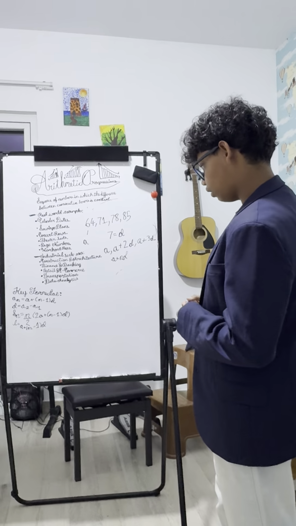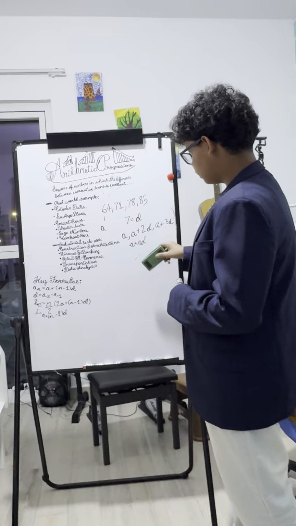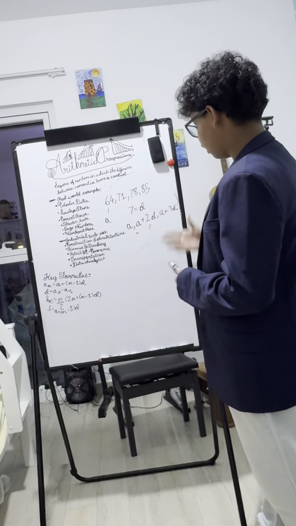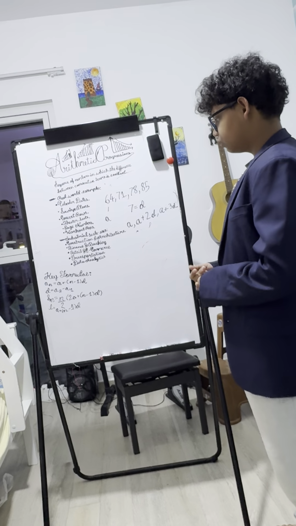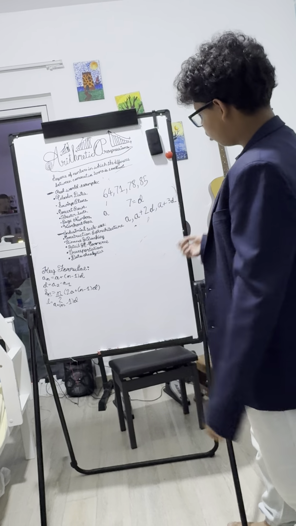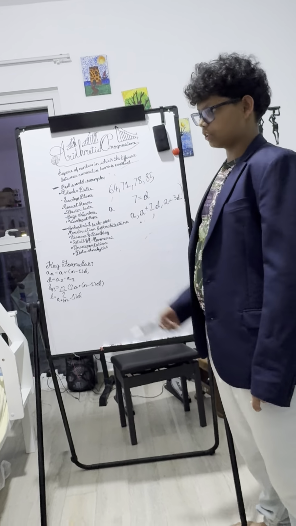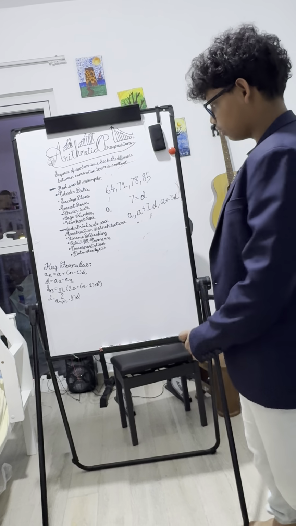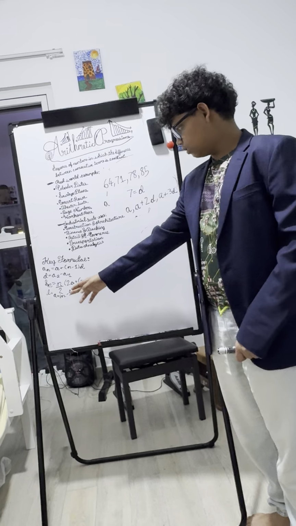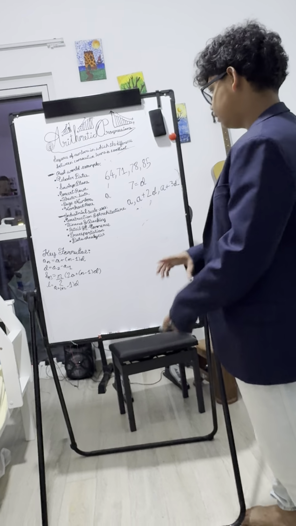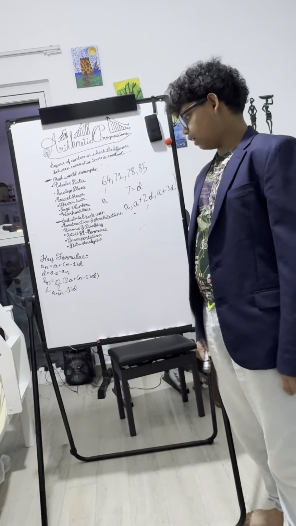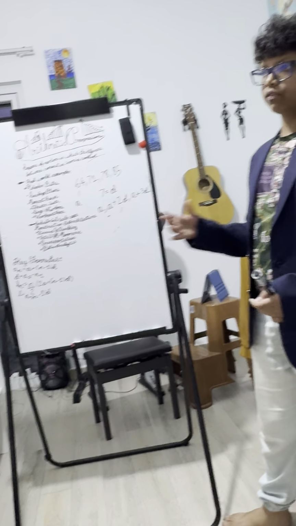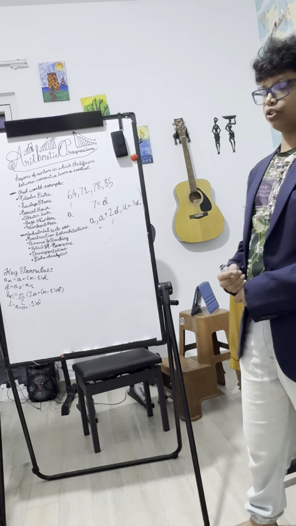Actually, it just goes on, but the last term of a specific arithmetic progression is basically a plus n minus 1 into d. Here a is obviously the first term, d is the difference, and n is the number of terms present in the arithmetic progression.